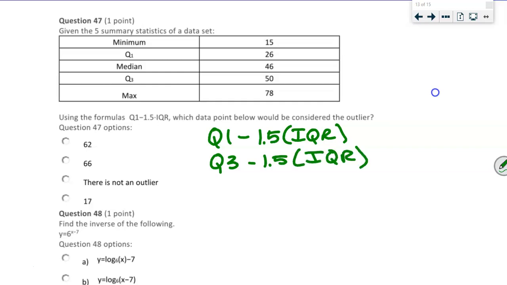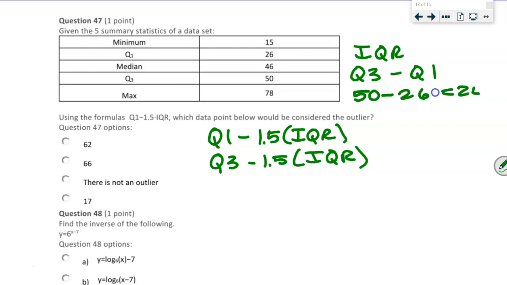So remember, the IQR means we're going to subtract Q1 from Q3, right? That's the IQR. So we're going to take the 50 and subtract 26 from it. That's going to give us 24. Then 1.5 times that IQR would be 1.5 times 24, which is going to be equal to 36, okay?